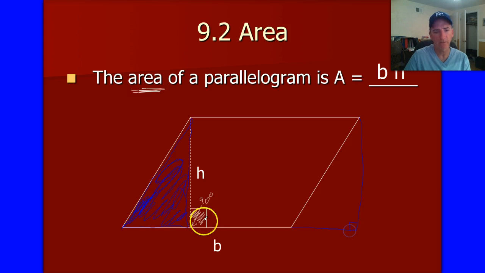You would have a 90-degree angle there, a 90-degree angle here, and basically you would have this rectangle that is B times H. That's why the formula is the same. That's why the area is the same thing. It's as though you cut along that line, slide it over there, and you have a rectangle in front of you. So that is a parallelogram area.